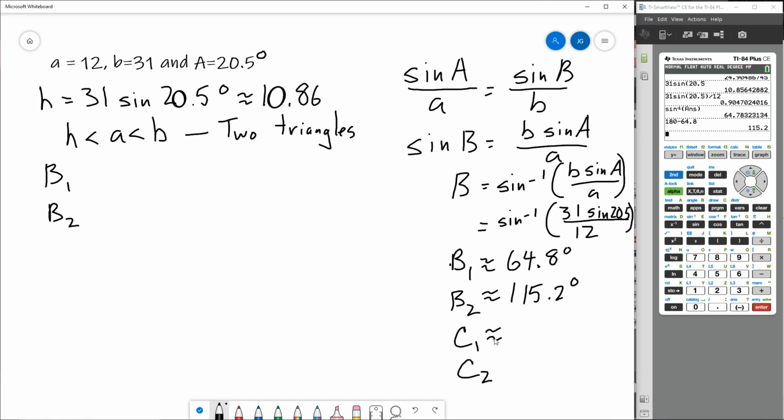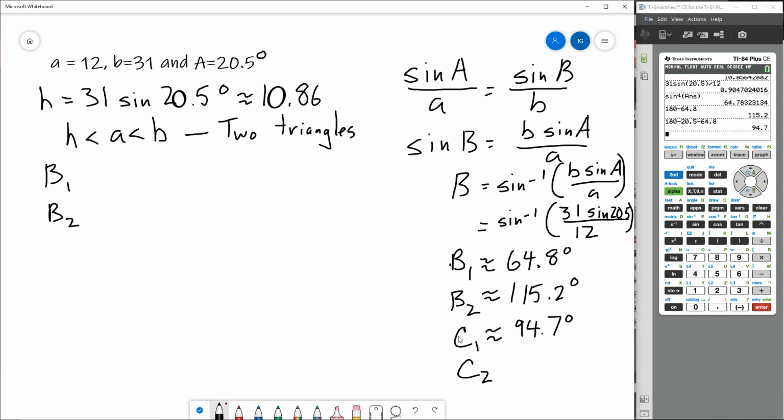So for C1, that's going to be 180 minus 20.5 minus 64.8. And that means our C1 is going to be approximately 94.7 degrees in the first case.